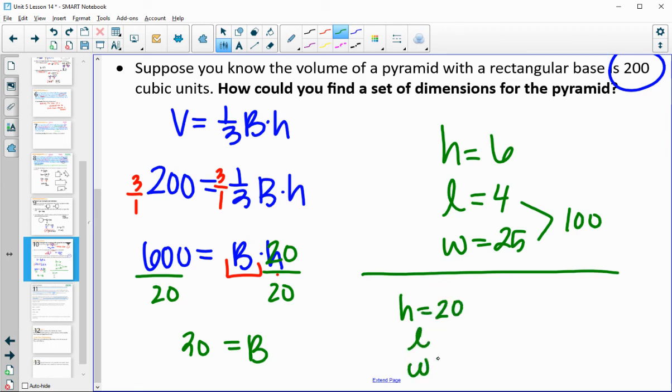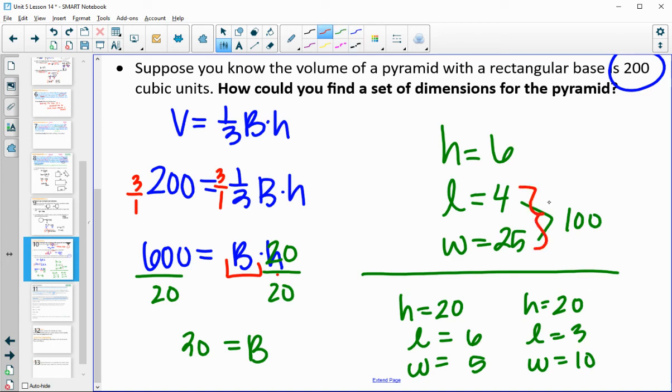So your length and width just need to multiply to 30. So you could do 6 and 5. You could have done 3 and 10. So area of the base times the height divided by 3 needs to equal 200. So these all multiply to 600, divided by 3 or times that 1/3 would give you the 200.